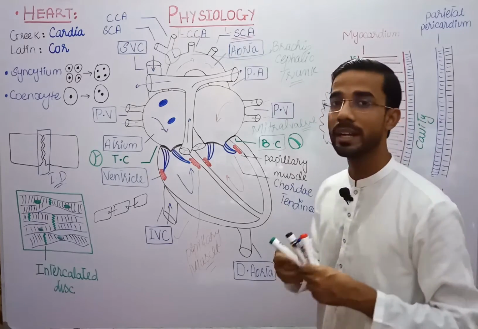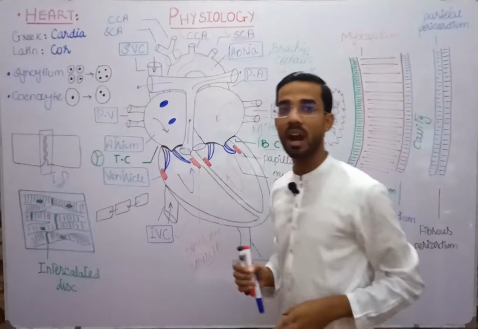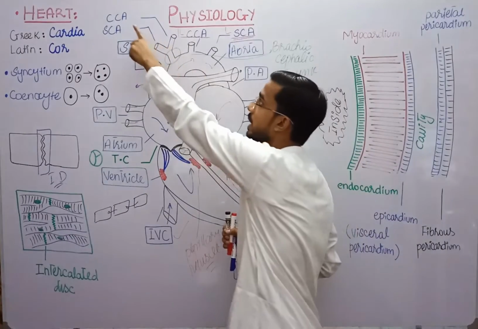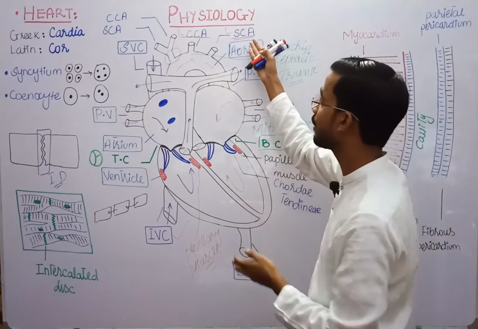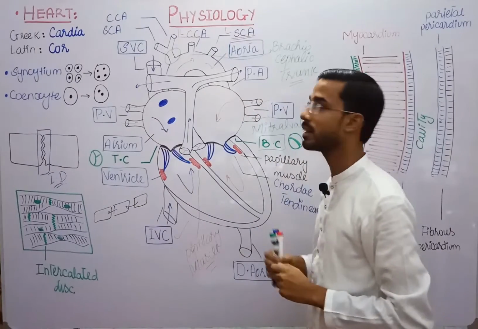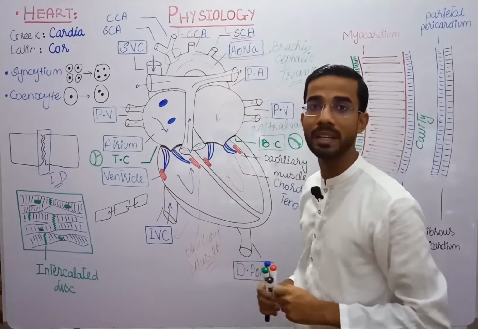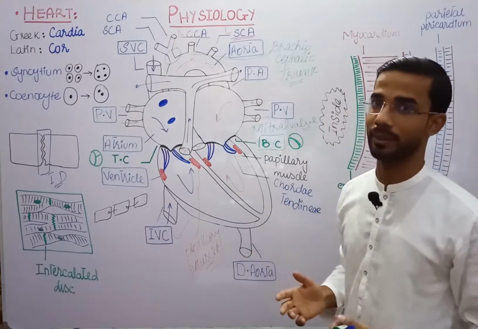Actually, this trunk divides into two: the right subclavian artery and the right common carotid artery. Just like here is the left subclavian artery, here is the right subclavian artery, here is the left common carotid artery, here is the right common carotid artery.